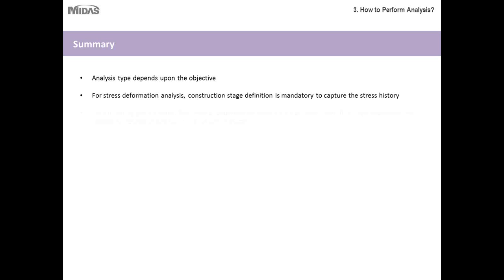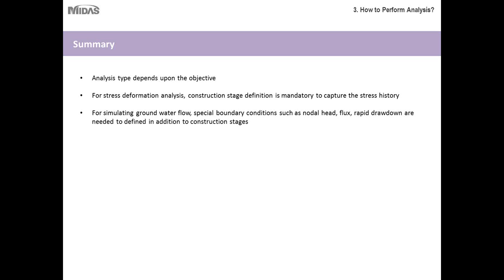So this brings us to the end of chapter 3, and let's go over the key points we learned today. So the analysis type depends upon the objective. For stress deformation analysis, construction state definition is mandatory to capture the stress history.